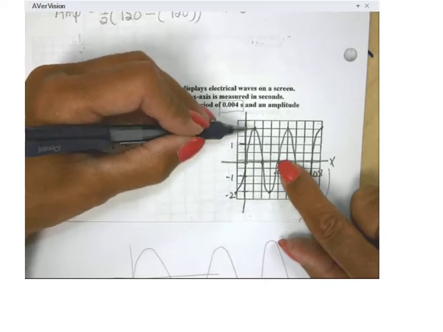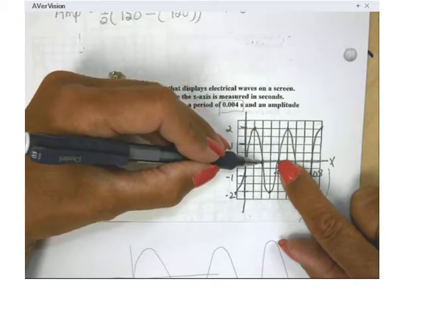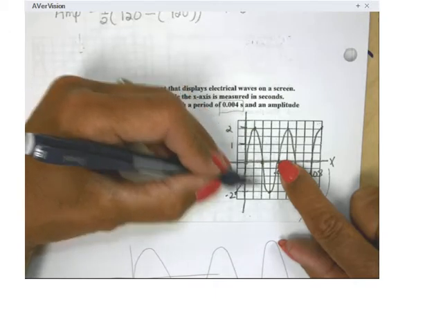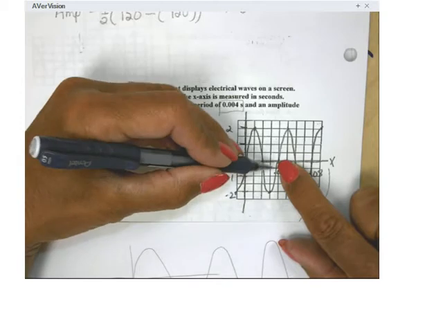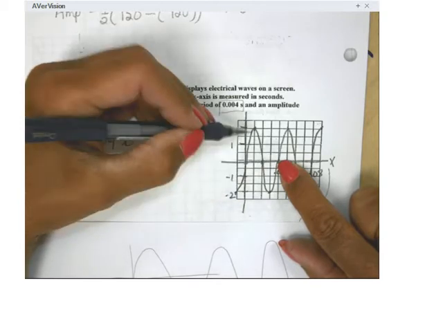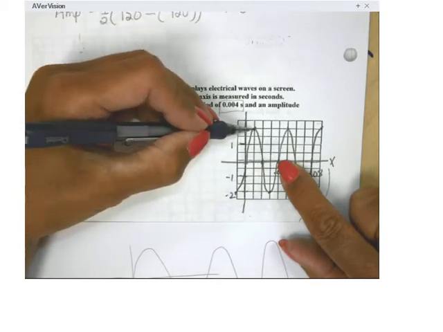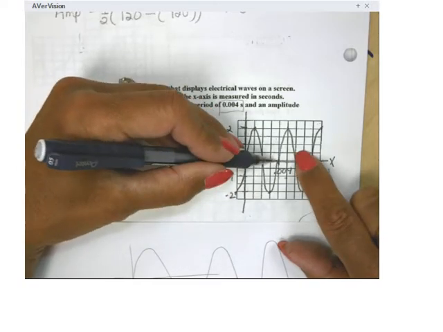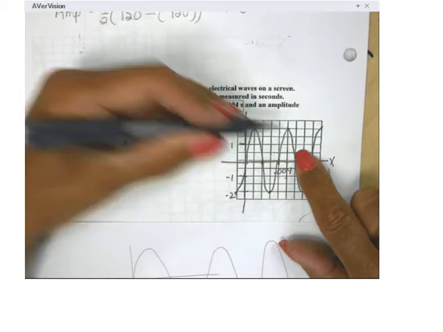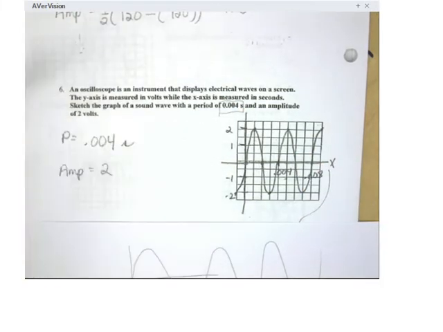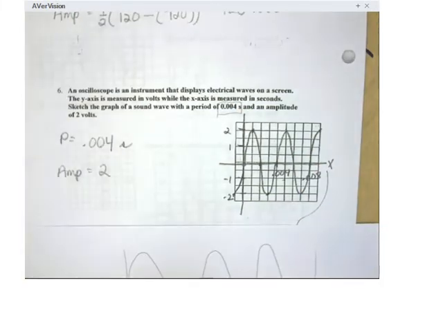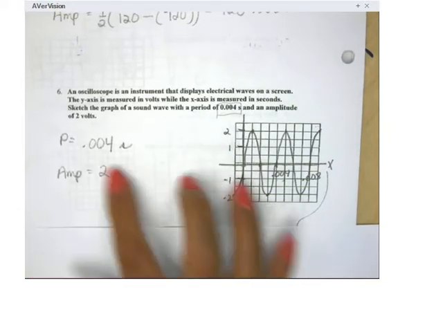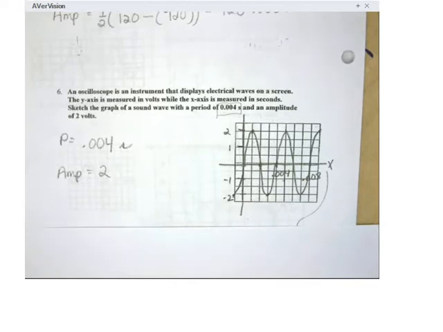If I start the graph here, a fourth of the wave later it will go to a high, a fourth of the wave later to a middle, a fourth of the wave later to a low, a fourth of a wave later it will go back up to a middle. Or if I started at a high, a fourth of a wave it would go to a middle, a fourth of the wave to a low, a fourth of a wave to a middle, a fourth of a wave to a high. So we're going to find that a quarter of the period is a really important feature to look for. That's why I scaled my graph by 0.001s.